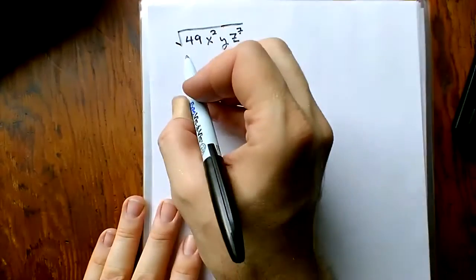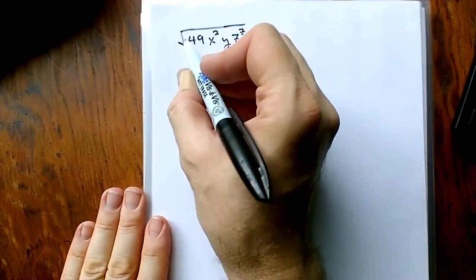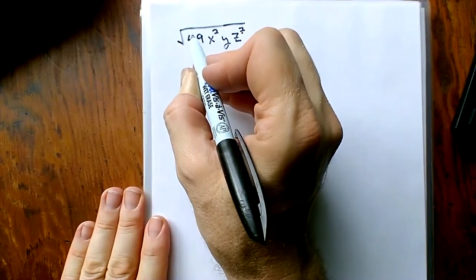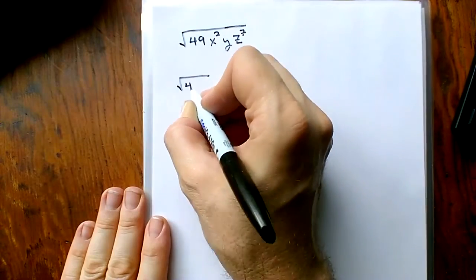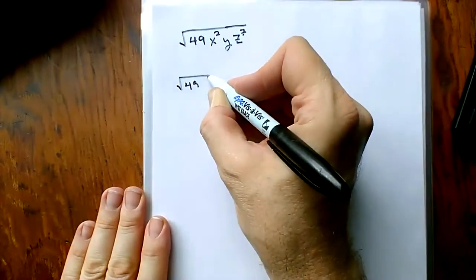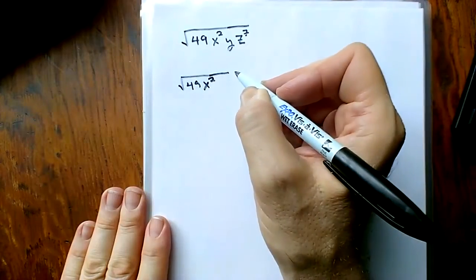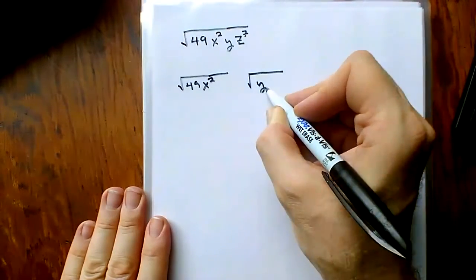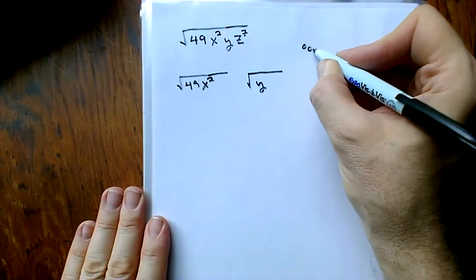Now this one, hopefully it's fairly easy to spot that 49 is 7 squared. So I'll have that 49 under that first radical. I can also see that x squared is a perfect square. I can pretty easily see that y is not a perfect square. But then we've got this z to the 7th.